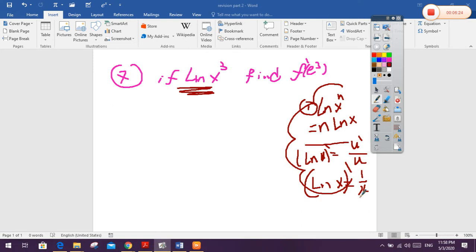Let's solve this problem by using the properties of the natural logarithmic function. Here I rewrite the function. Let y equal... Here the derivative, I'm so sorry, not y prime, I'm sorry.